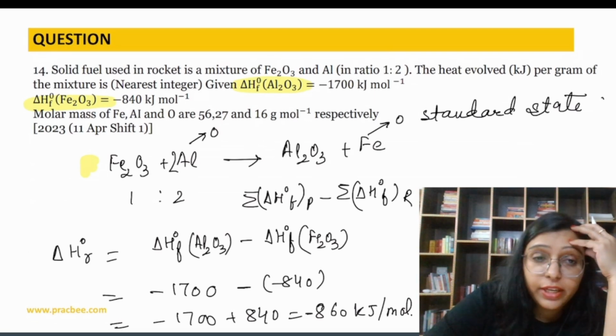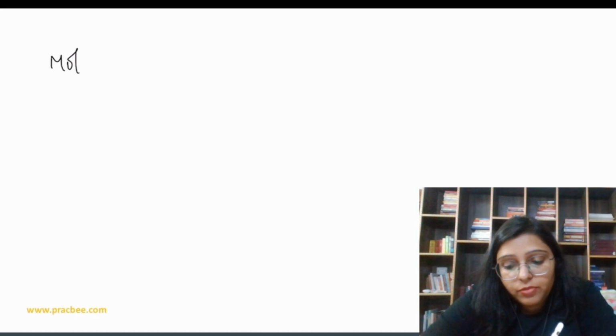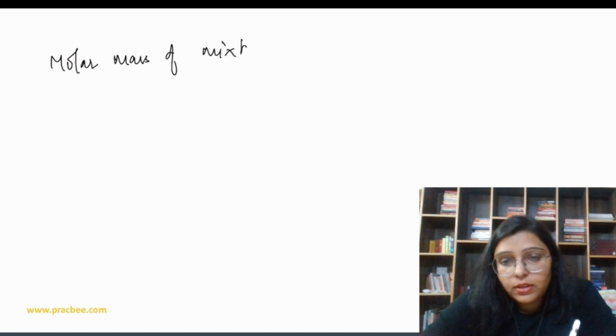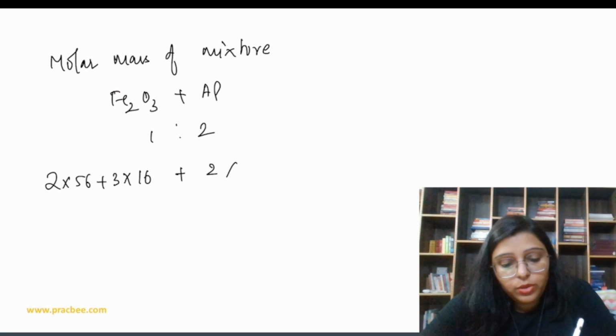Now we have to find out the heat evolved per gram. So let's find out the molar mass of the mixture, Fe2O3 and Al, which is in the ratio 1:2. So we can say 2 into 56 plus 3 into 16 plus 2 into 27.